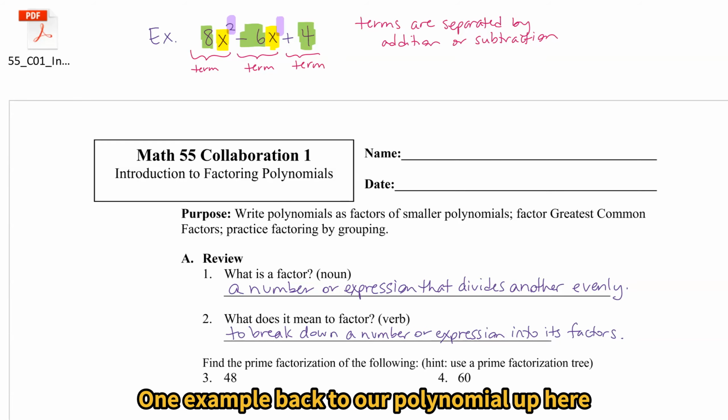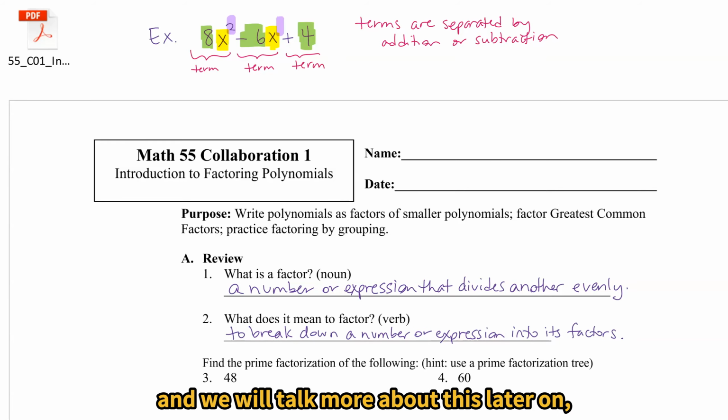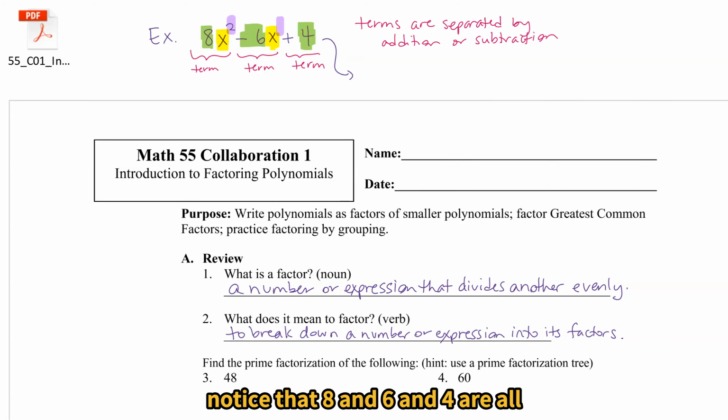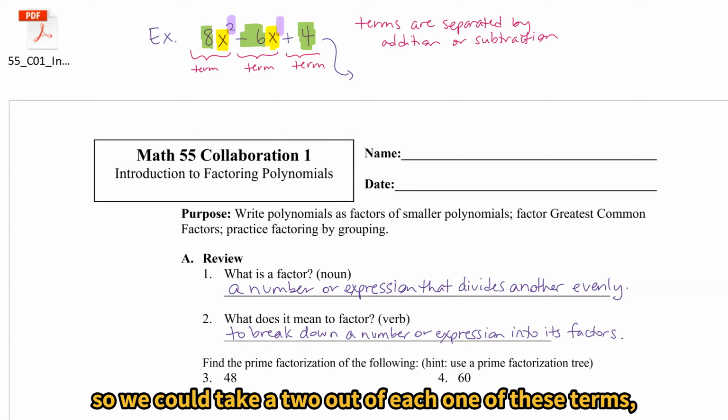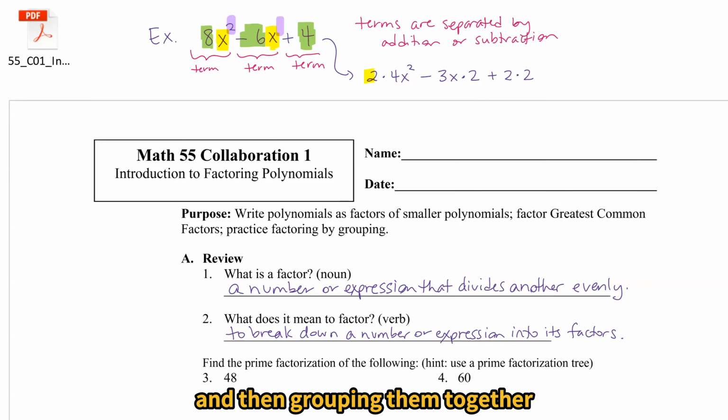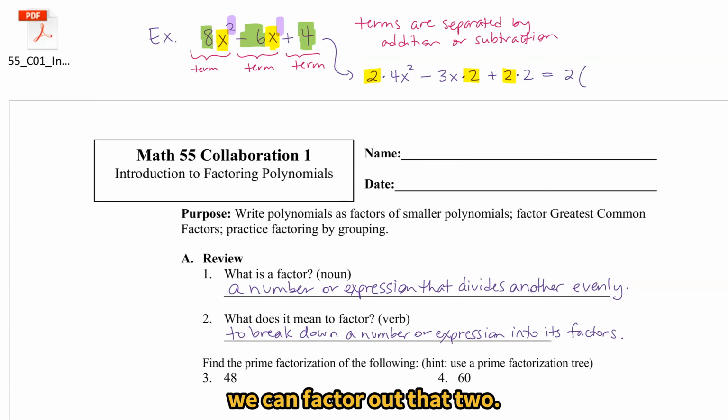One example, back to our polynomial up here, and we will talk more about this later on. Notice that 8 and 6 and 4 are all even. Even numbers are all divisible by 2. So we could take a 2 out of each one of these terms, and then grouping them together, we can factor out that 2.